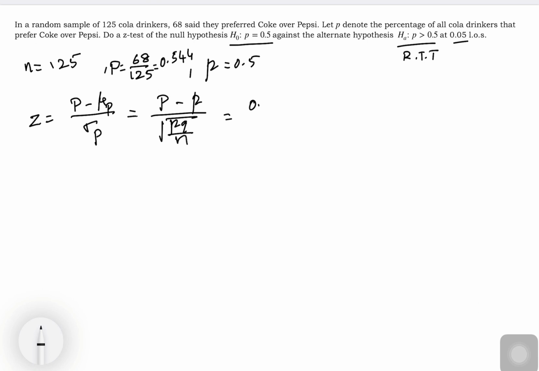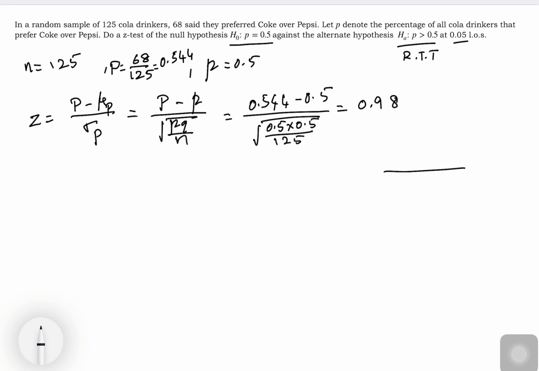So this would be 0.544 minus 0.5 over square root of 0.5 times 0.5 divided by 125. It is found to be equal to 0.98.